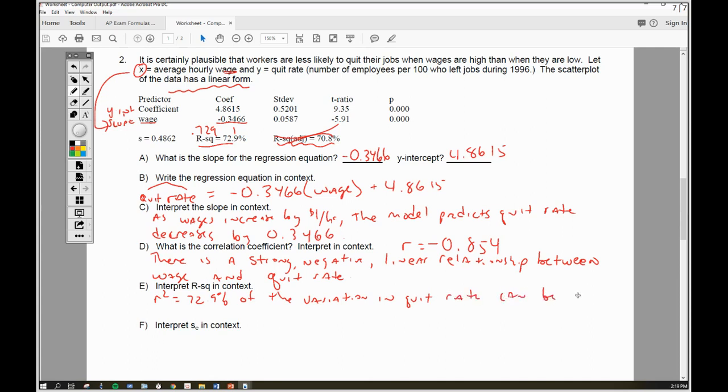Can be explained by the linear model for wage, and this is like average hourly wage, and quit rate.